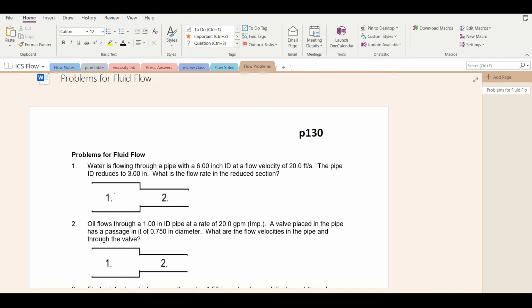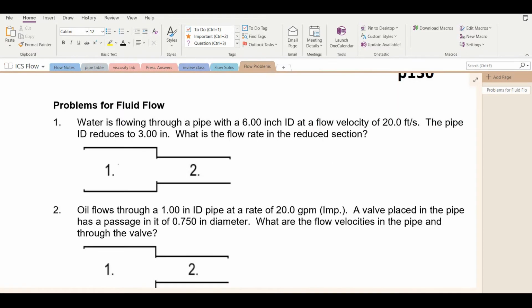So these are on page 130, and we'll start with problem number 1. It says water is flowing through a 6-inch ID pipe at a flow velocity of 20 feet per second. The pipe internal diameter reduces to 3 inches. What is the flow rate in the reduced section of pipe?